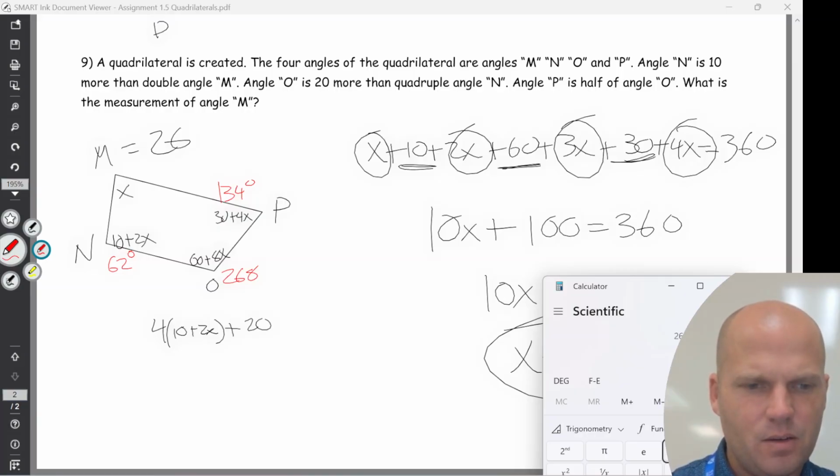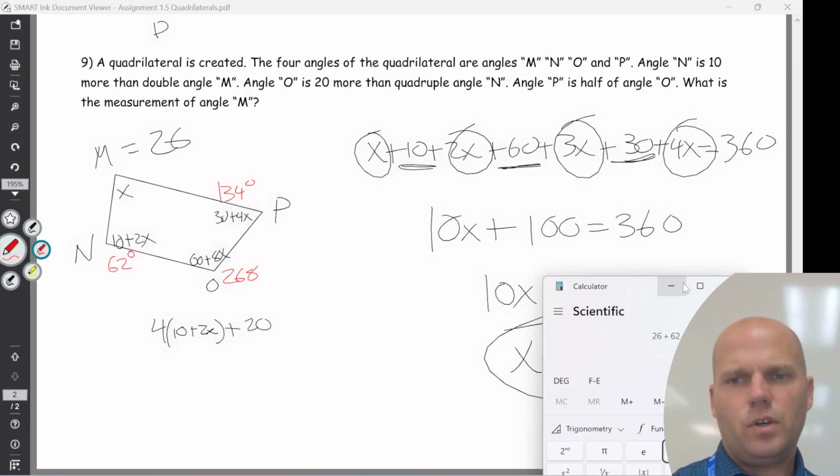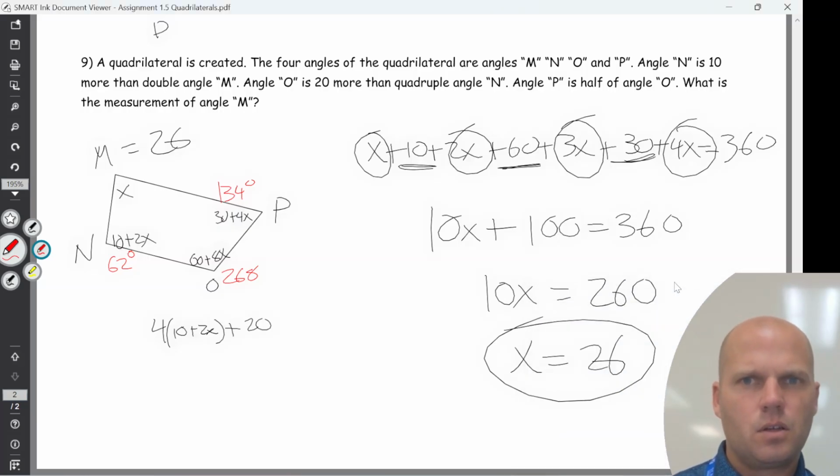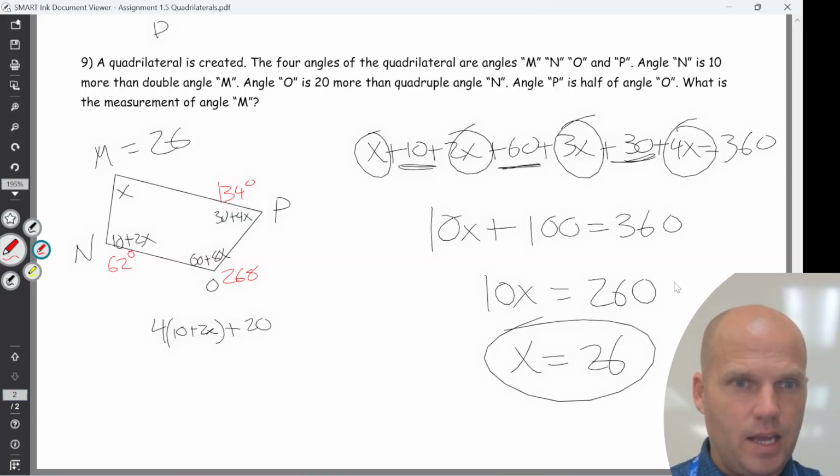Why is this not working out? What did I do wrong? N is 10 more than double angle M. Angle O is 20 more than quadruple angle N. So 40 plus 8x plus 20.